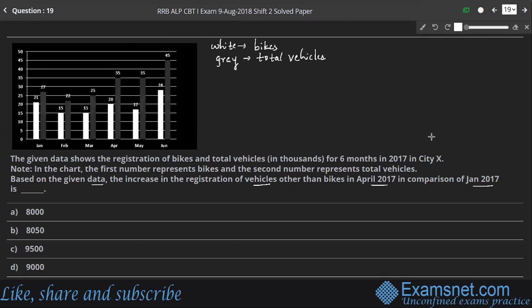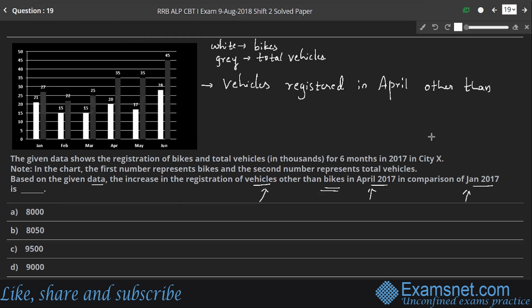So we have to find the number of vehicles registered in the months of April and January, other than bikes. We'll consider vehicles registered in the month of April. Other than bikes means we have to subtract the number of bikes registered.